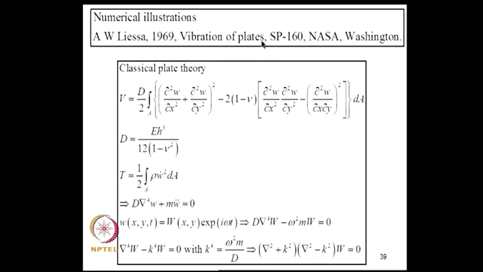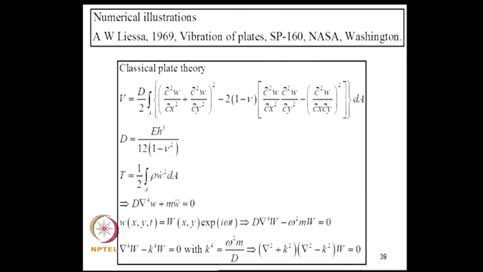Many of the solutions are exact and some others are based on weighted residual approximations. So, what I will do is pick a few of these examples from this monograph and apply the finite element modeling tools on them and see how we are able to produce the answers reported in this monograph.